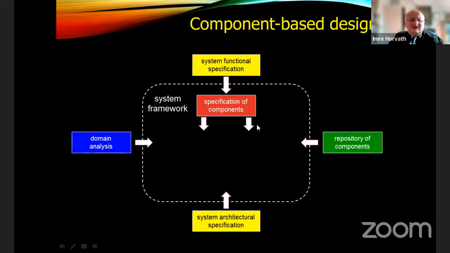Then there is a specification of the components according to the V model. If you want to have the components manifested, then you search for the component in your own inventory, or for instance on the internet.